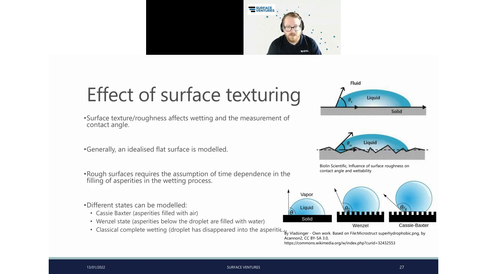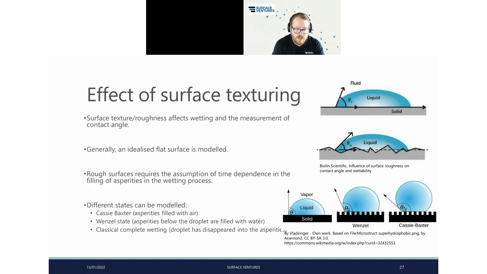With this, we need to think about time and time dependence in the wetting process, in the filling of the asperities, or the actual little bumps or valleys on the surface. We can model this in a few different states. The first is Cassie-Baxter, in which we assume that the asperities are filled with air and our droplet is sitting on top of this textured surface.